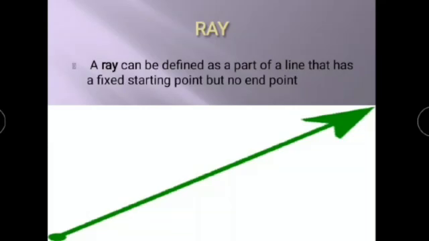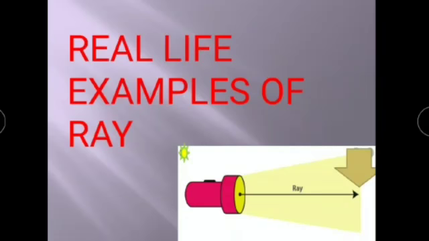Now next definition is ray. A ray can be defined as a part of line that has a fixed starting point but no end point. Now watch real life examples of ray.